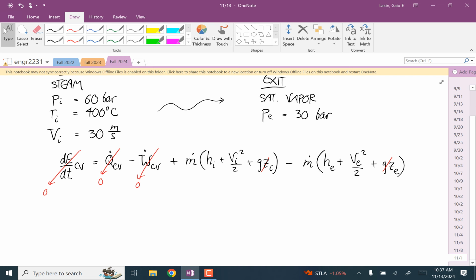Yeah. And so now divide out the mass flow rate, and you get that hi plus Vi squared over 2 is equal to he plus Ve squared over 2.